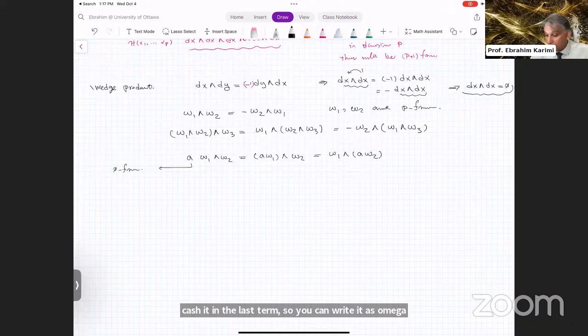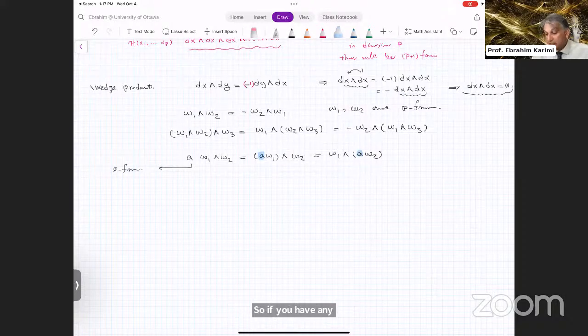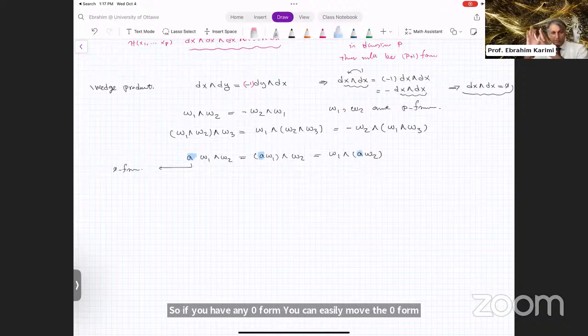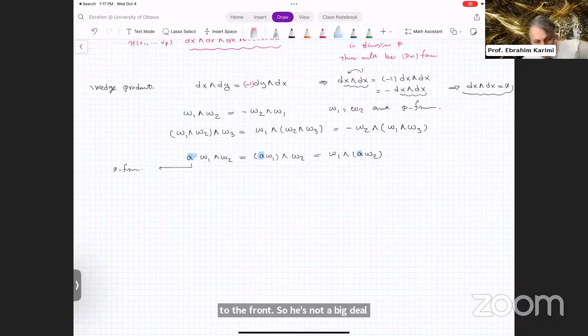So if you have any zero form, you can easily move it to the front, so it's not a big deal. If you have a specific function, you can take it to the beginning, or move it around without having any trouble.